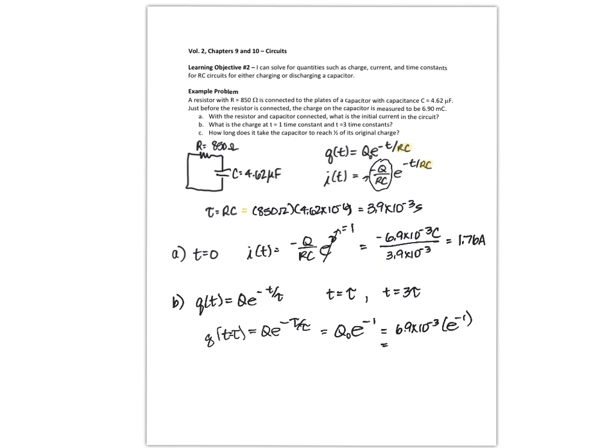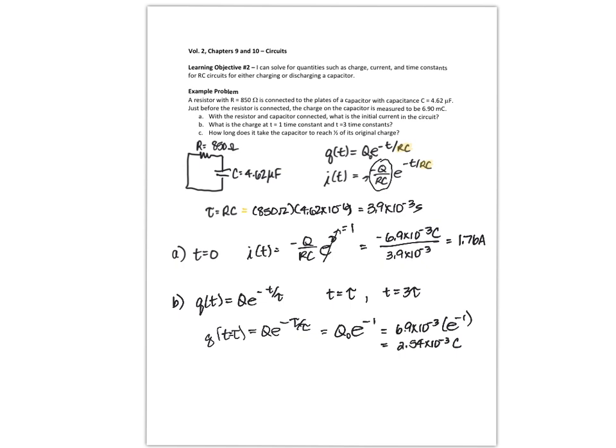And that gives me a value for Q of 2.54 times 10 to the minus 3 coulombs.